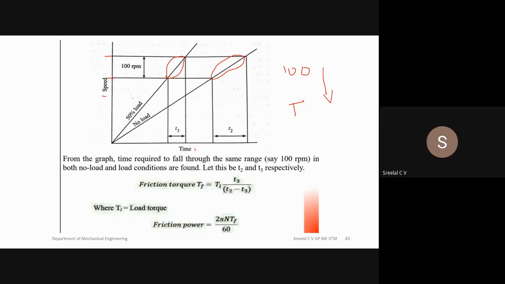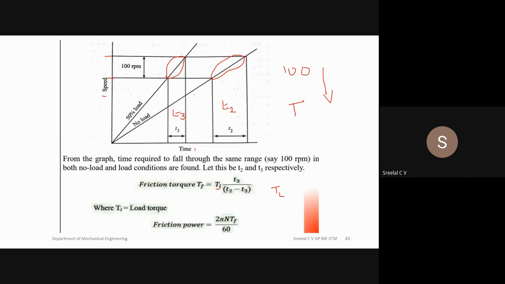Okay, for the no load condition we denote that time as T2, and here the time as T3. Okay, T2 and T3. Then we have a formula for the frictional torque: Tf equal to TL into T3 divided by T2 minus T3. Here TL is the load torque, the torque of the corresponding load.